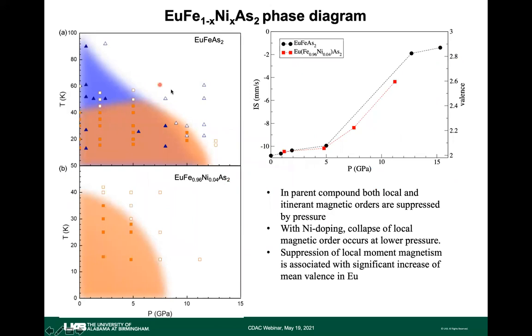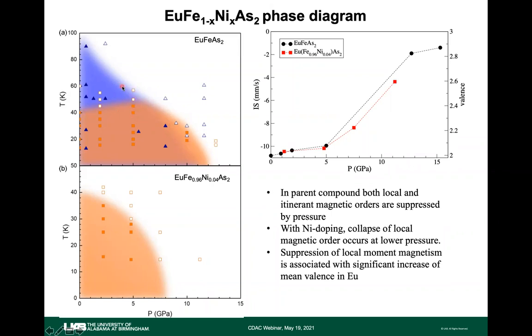Okay, to summarize the information we got from the Mossbauer experiment, this is the phase diagram of the parent compound, including the iron magnetic phase, shown in this blue color here, and also the europium magnetic phase, shown in this orange color.